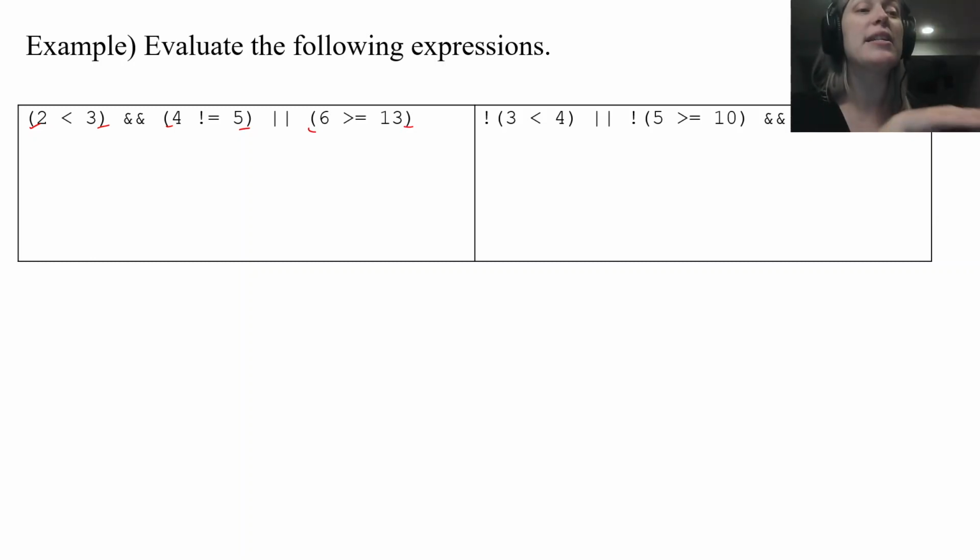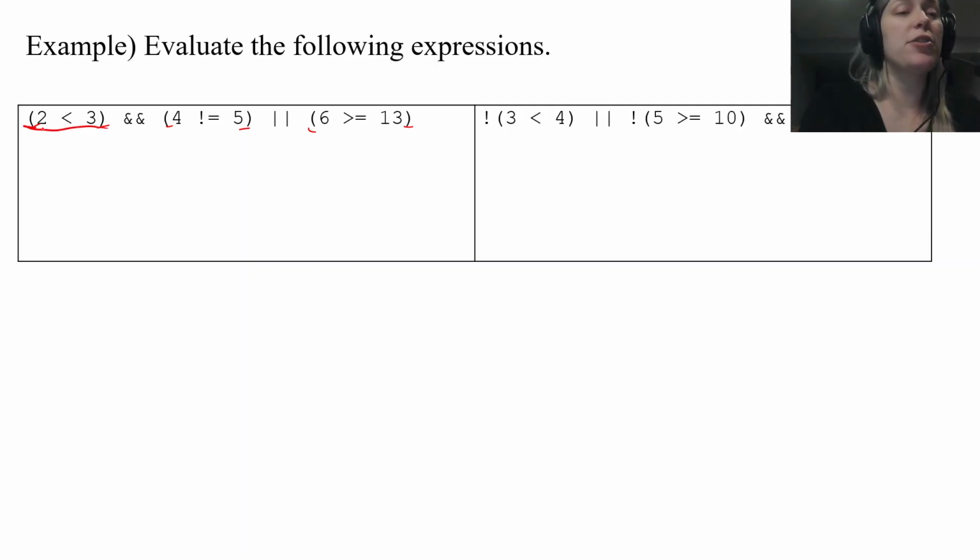The comparisons get evaluated first. The parentheses are there because it's a nice visual. Especially as a computer programmer, you want to try to help your eyes where you can. So adding those parentheses really helps you visualize this, but comparison operators always get evaluated before Boolean operators, whether there's parentheses or not.